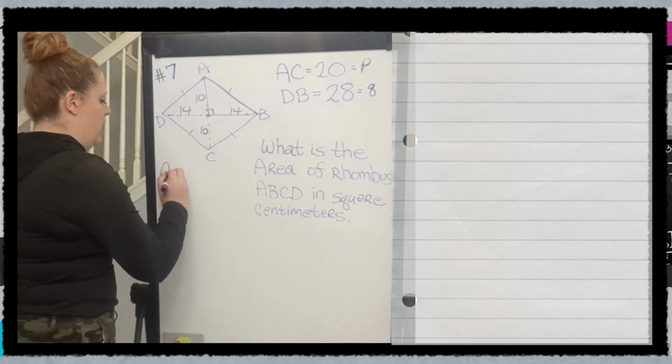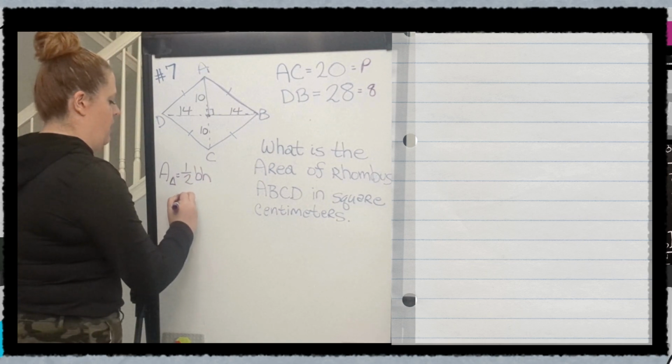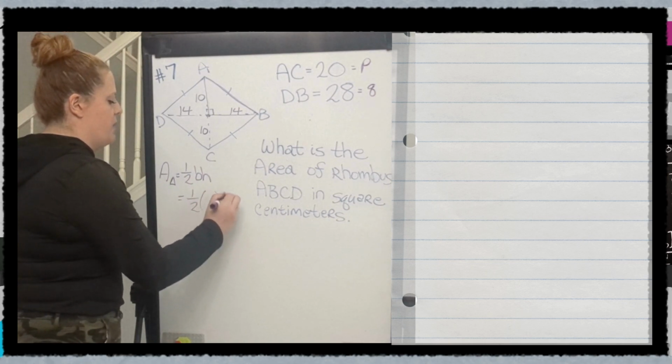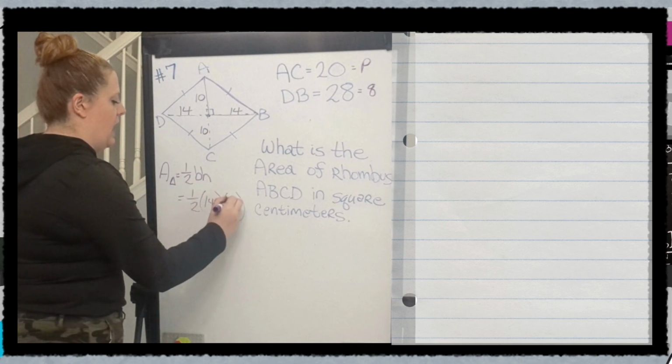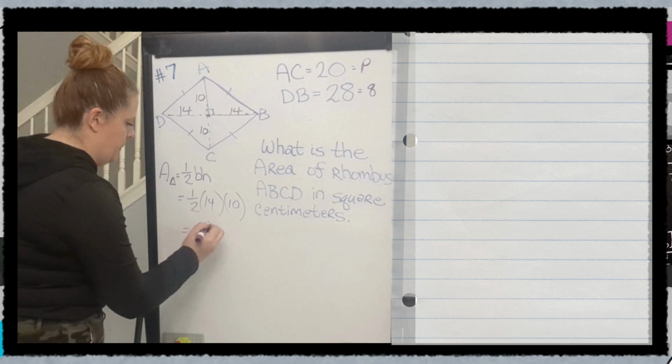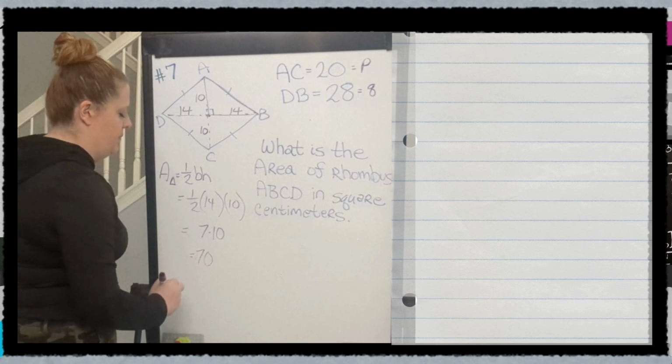So area of a triangle, and that's one you all have memorized now, I hope. Base times height, base 14, height 10. So I get 7 times 10 or 70.